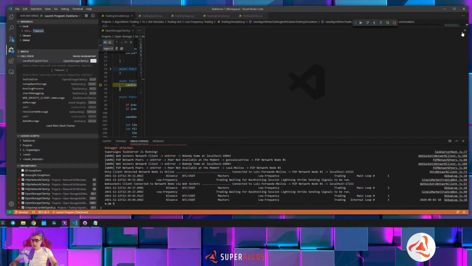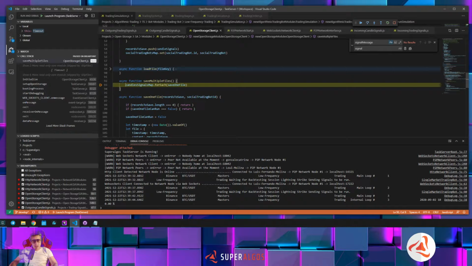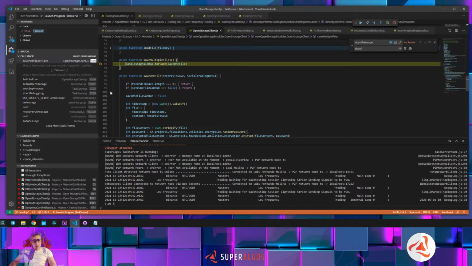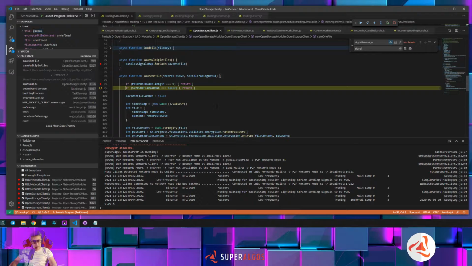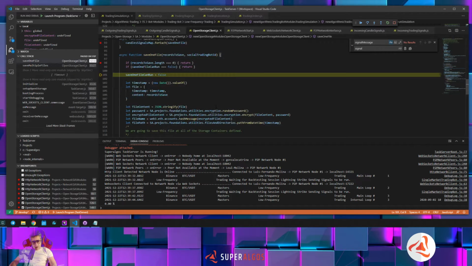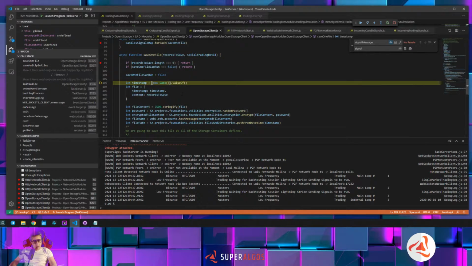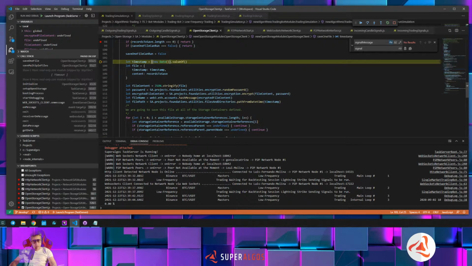So let's continue seeing where this takes us. My guess is that this is coming here. So now records to save 49, which means 49 candles. Okay, so now it blocked it to run again.